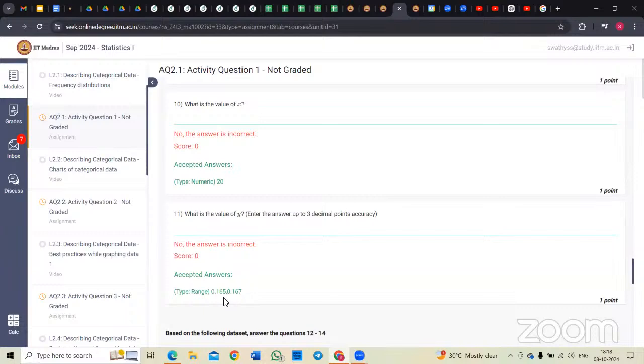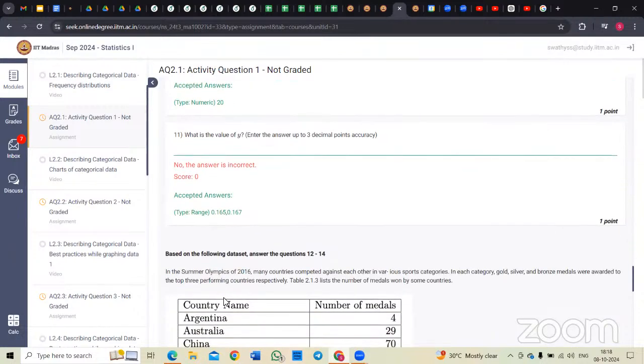So your answer can't be 165. It should be between 165 and 167. So maybe there must be some calculation mistake. Okay. Just try to calculate one more time. Fine. Your doubt is over.